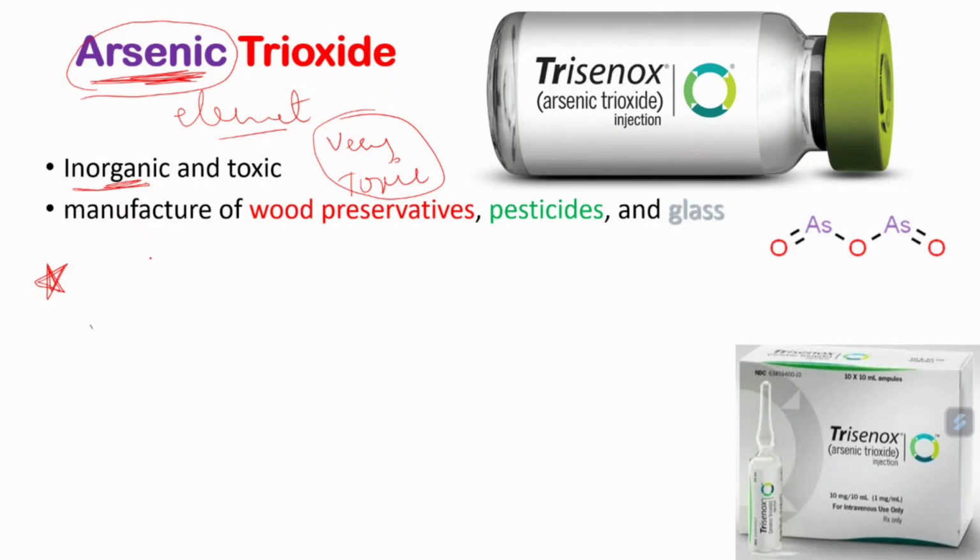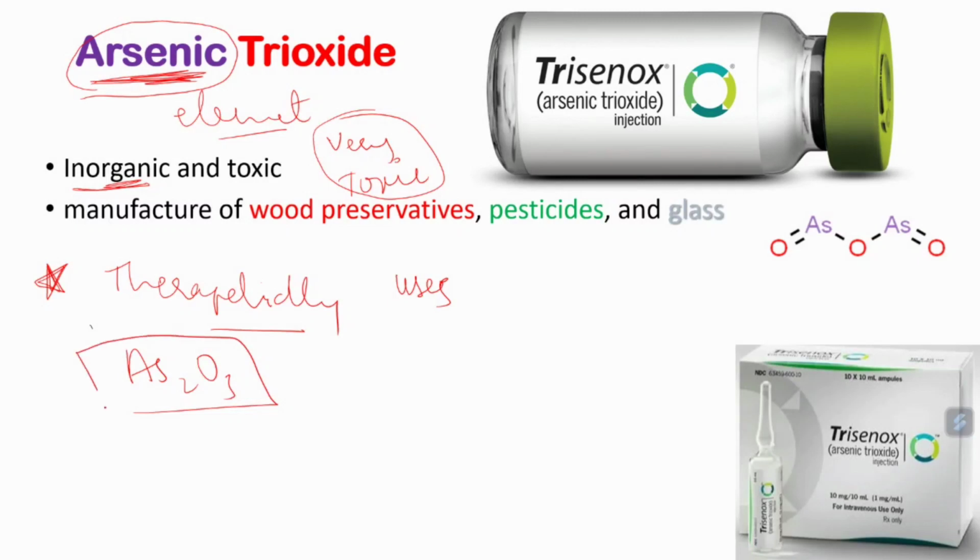But a few arsenic compounds are used therapeutically. They have certain uses in the hospital, and among them, arsenic trioxide, As2O3, is very commonly used, especially for relapsed APL, acute prolymphocytic leukemia.